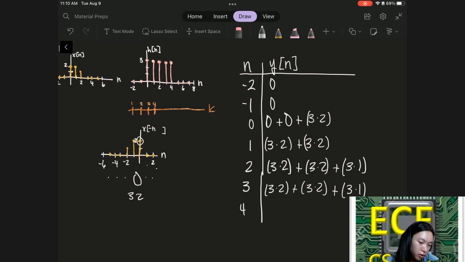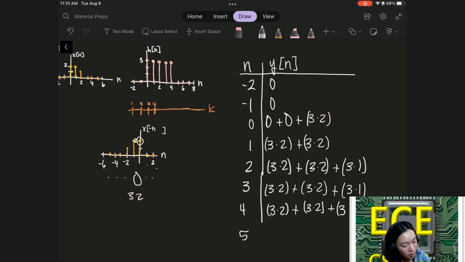And at 4, it's 3 times 2 plus 3 times 2 plus 3 times 1.